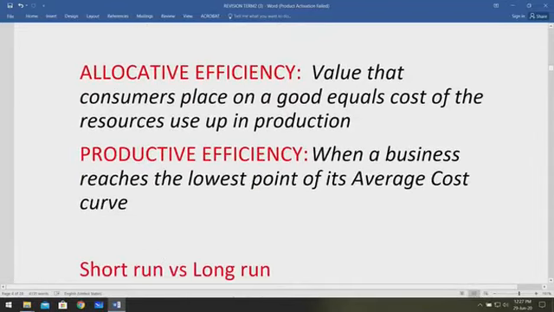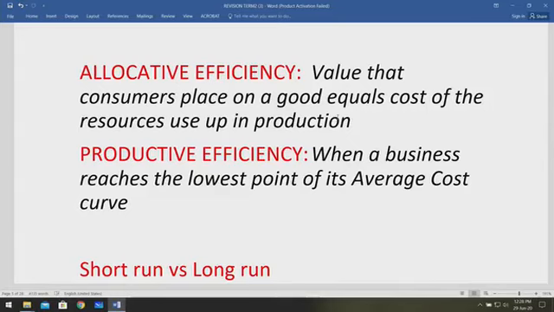Then the efficiency: allocative and productive efficiency. Allocative efficiency refers to the value that the consumers place on a good, and that value is equal to the cost of the resources that are used up in the production process. Whereas your productive efficiency deals with the business itself.